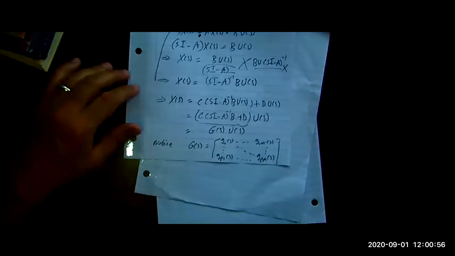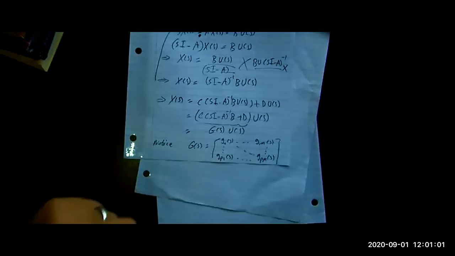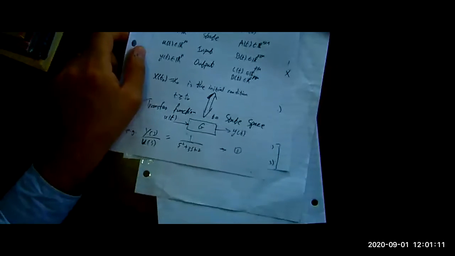Yeah. So what's your question again? From a few pages ago, the transfer function was 1 over s squared plus 3s plus 2, such a simple form.